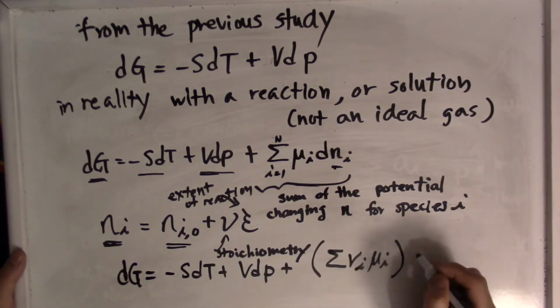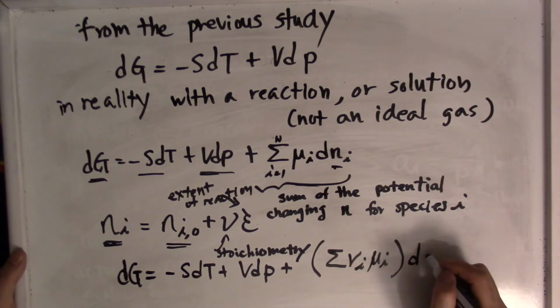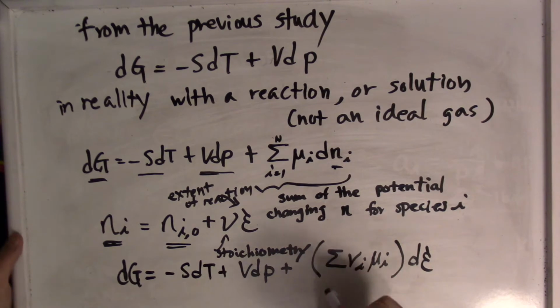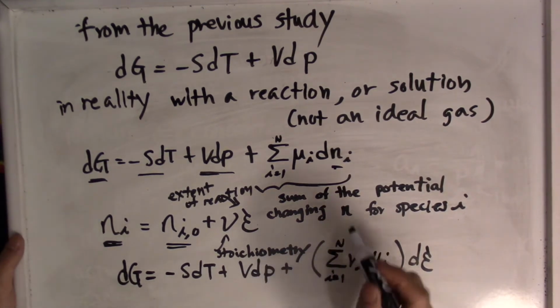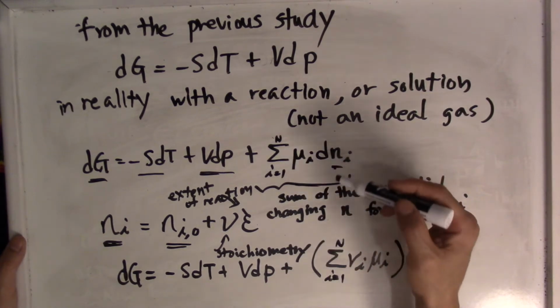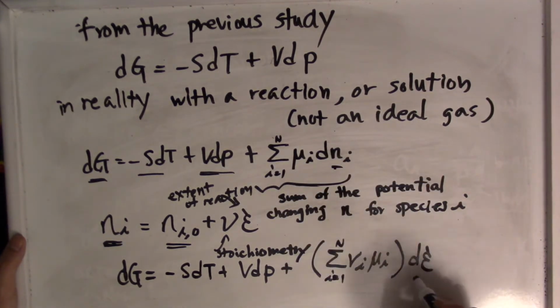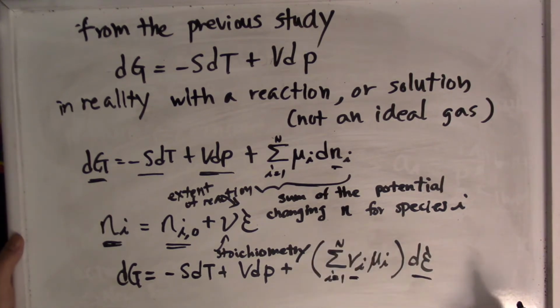And then now times the change in the extent of reaction, right? So this just converts the change in chemical potential in terms of the extent of reaction and the stoichiometry, all right?